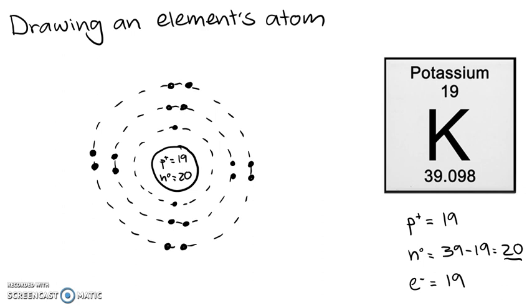So now I've drawn a total of 18 electrons. Potassium still needs 1 more electron to bring it up to 19, so we need to draw in 1 more shell, with 1 electron in it.